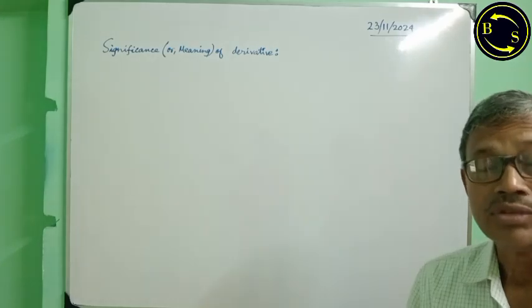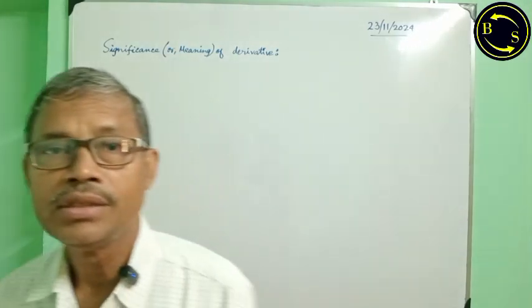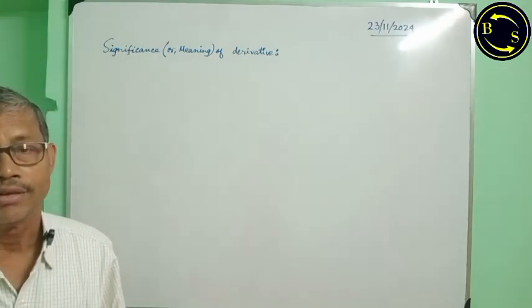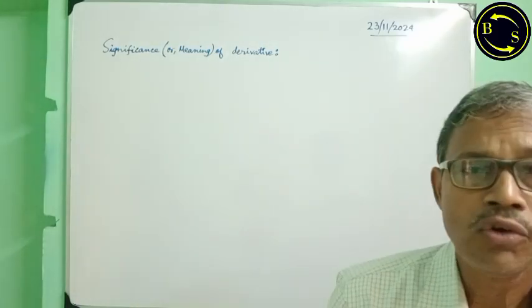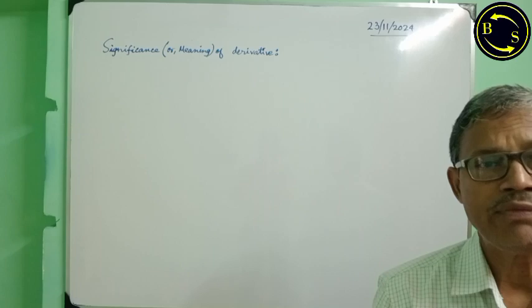Dy dx general meaning is that rate of change of y with respect to x, and geometrical meaning of dy dx is that it is the slope or gradient of the tangent to the curve y equal to f(x).